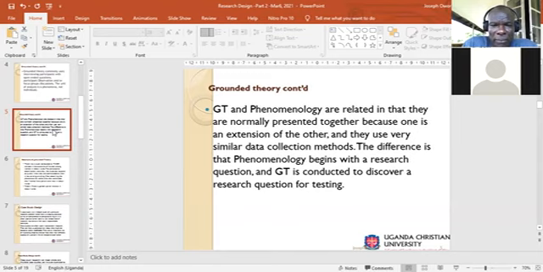What causes people to behave the way they behave? You have a question, and of course you have defined what behavior, and then you go out to either observe or do whatever you do to collect data on that particular thing. But at least you have a question.